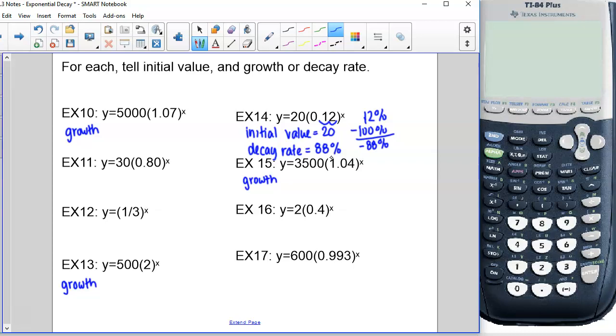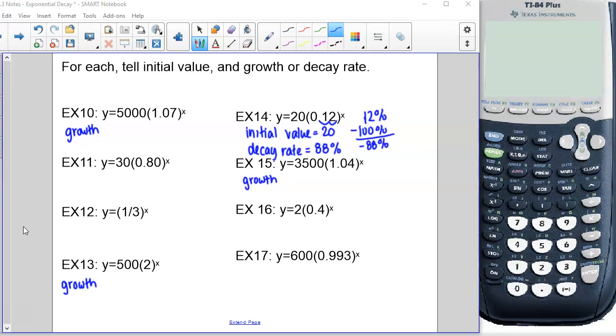Questions on how to do that? All right. Everybody do the rest of these. Number 1, 5,000 is initial value, 7% growth.